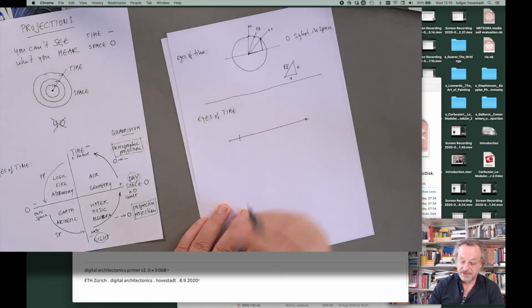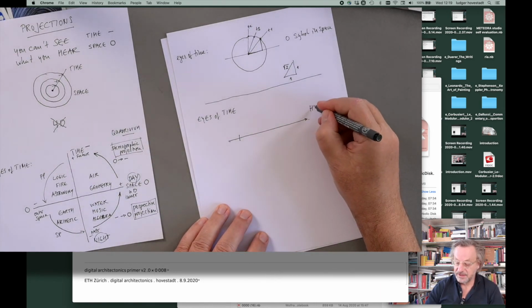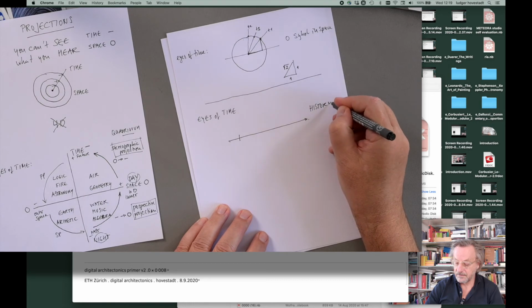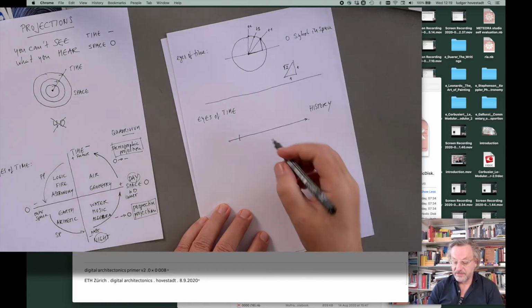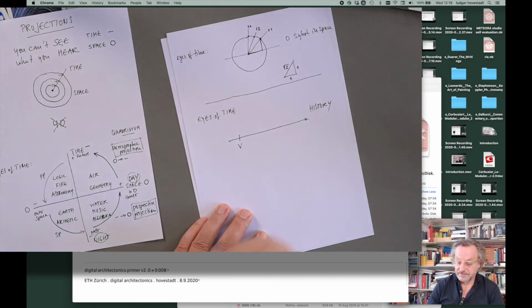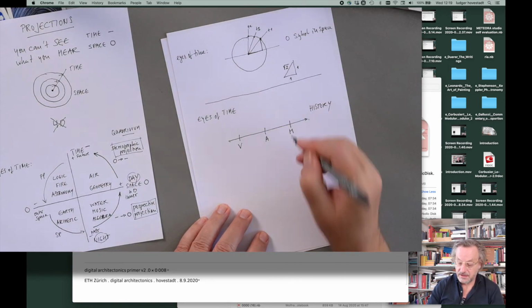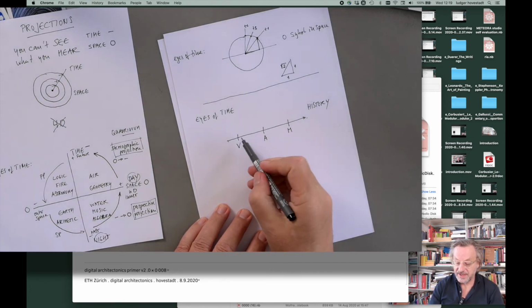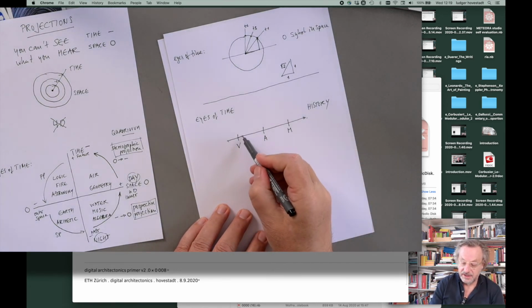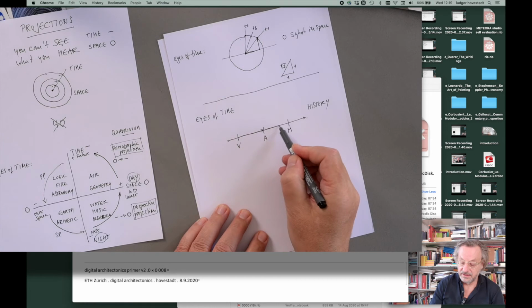This, for example, is what we call history. And the interesting thing is, for example, this is Vitruve, this is Alberti, and this is me. And history always says it's in time. It always says it's going step by step.